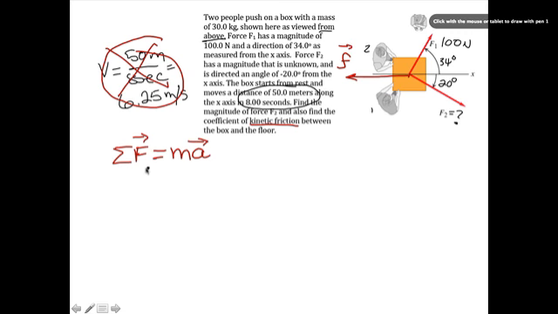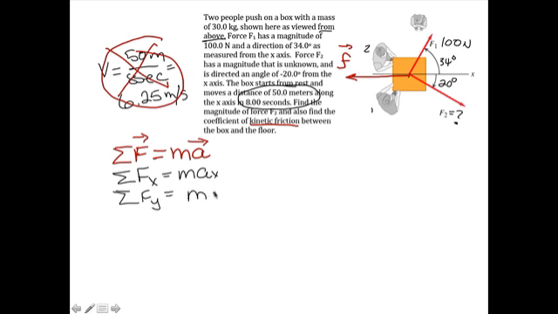Now that we have identified that Newton's second law is working in this scenario, we have the sum of the forces in the x direction adds up to the mass times the acceleration in the x direction, and then we have the sum of the forces in the y direction equals the mass times the acceleration in the y direction. But because this is moving along the x-axis, the acceleration in the y direction is 0.